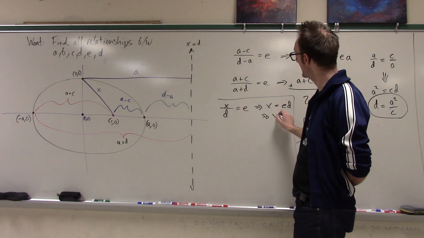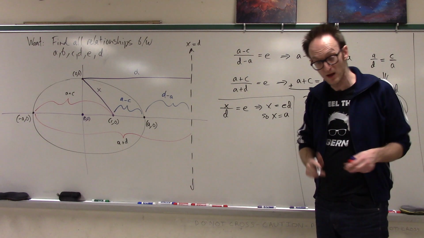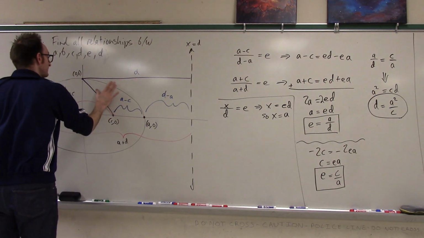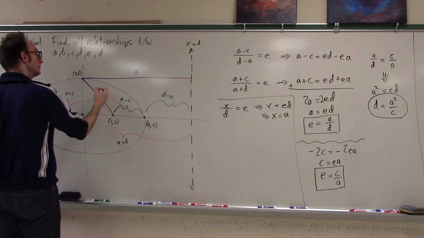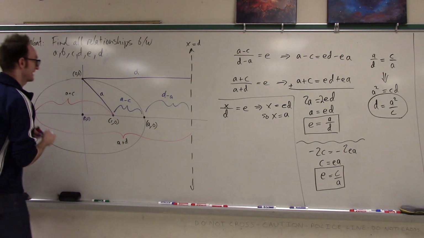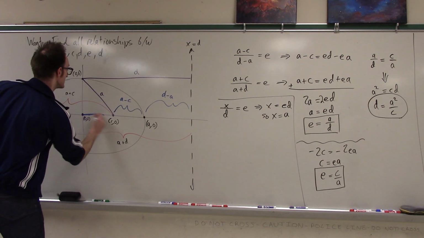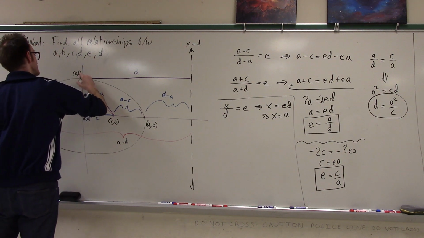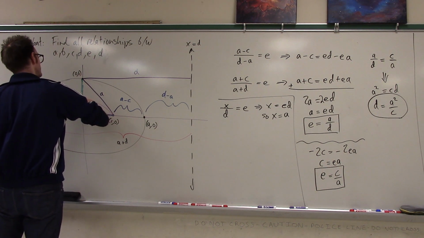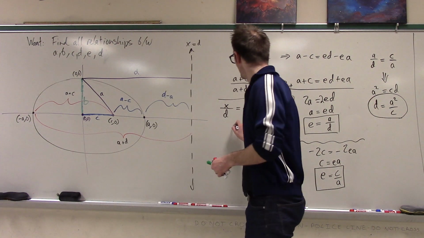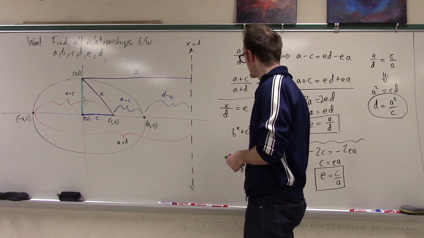And so we conclude that x is in fact A. This is a direct proof, using the new definition of ellipse only, that this segment here has length A. And if this segment has length A, and this segment here has length C, and this segment here has length B, then this proves the Pythagorean relationship that b squared plus c squared equals a squared for an ellipse, based on this new definition of ellipse.